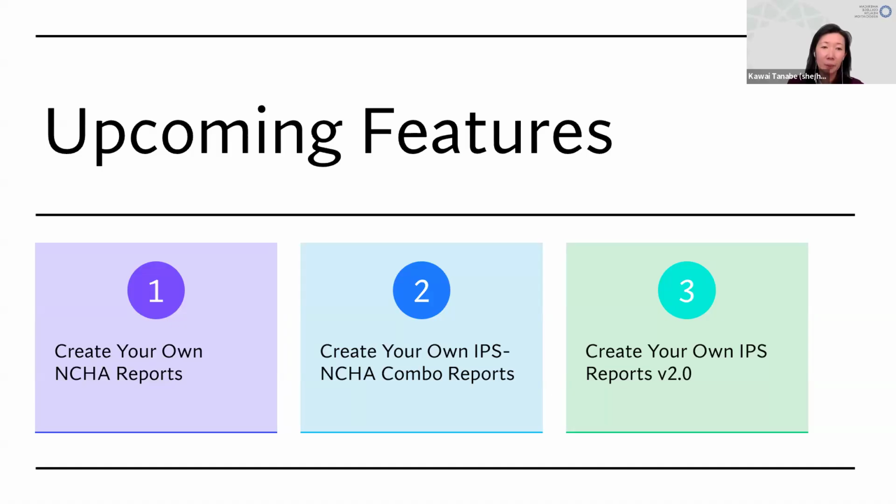The create your own NCHA reports will be a little easier to follow and get your questions, and the chart itself will actually look much nicer than what we have right now in CYO IPS. So that's coming out probably first, followed by create your own IPS and NCHA combo reports, where you will be able to compare one IPS question with an NCHA question, like a policy question from IPS with a student behavior from NCHA. So we think that will be very powerful.